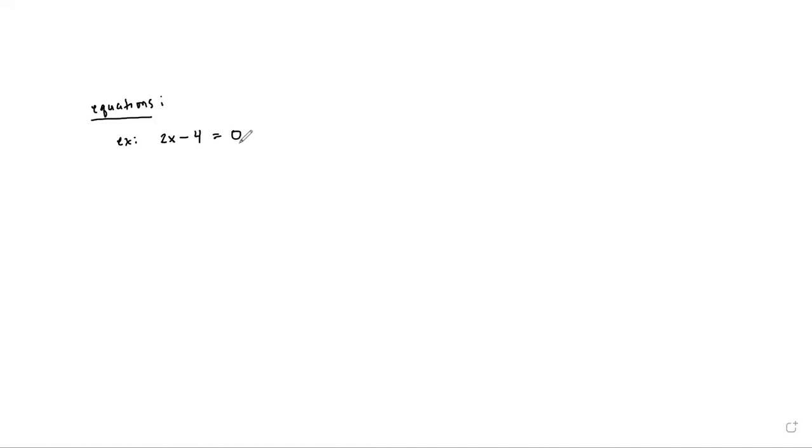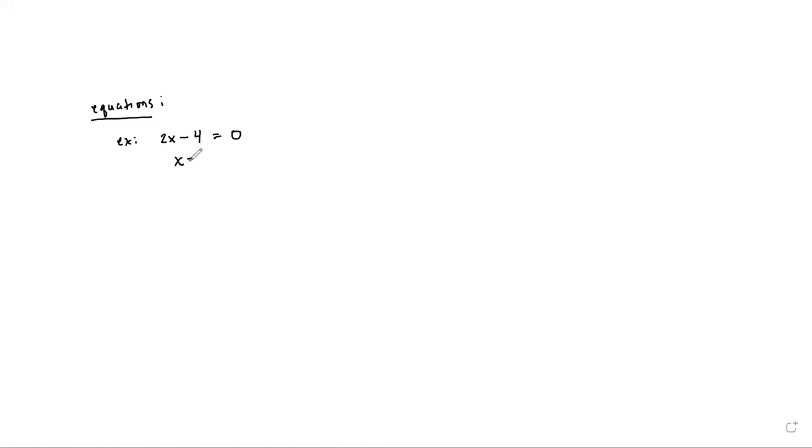So in solving for any type of equation, our goal is to solve for the exact or particular value of the variable, say in this case it's x, that will satisfy the given equation. When we say satisfy the given equation, the resulting quantities in both sides of the equation must be the same.